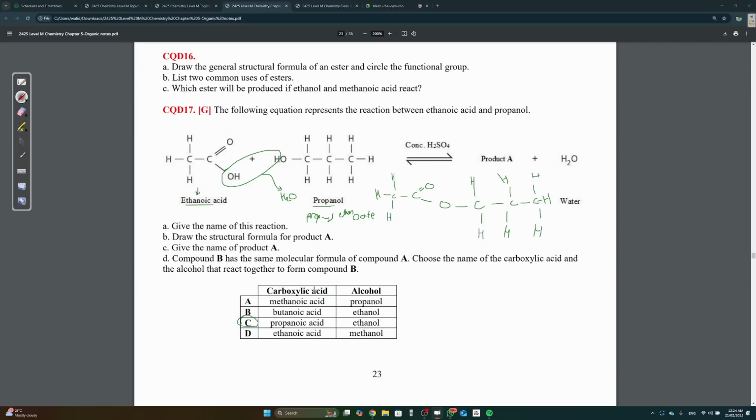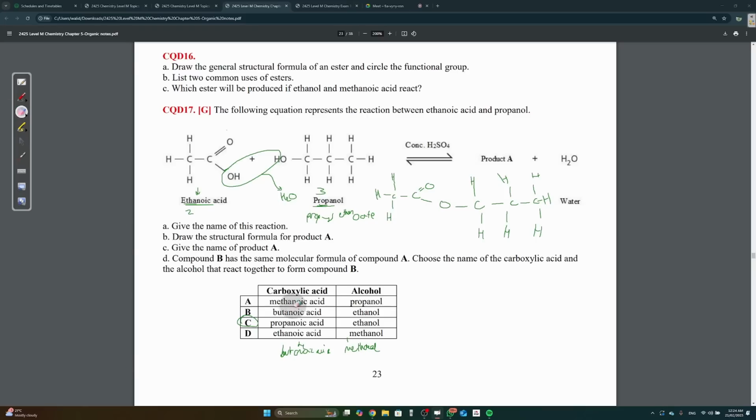What they care about, the most important part, is that the sum of carbons is the same. Here, ethanoic is 2, prop is 3, so the sum is 5. So if I put butanoic acid and then methanol, this would be correct since this is 4 and this is 1.